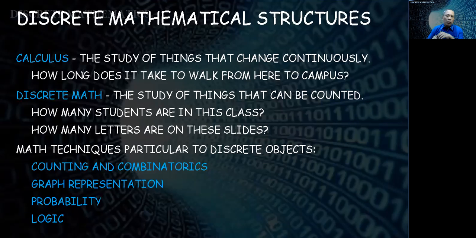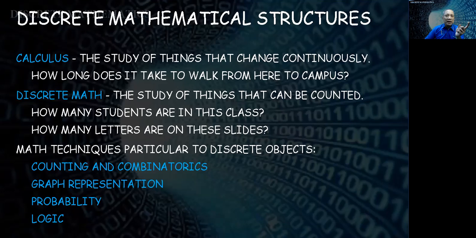So when we are studying discrete mathematics, the structures are different from the calculus that some of you have studied, the study of things that change continuously. For example, how long does it take to walk from here to campus?